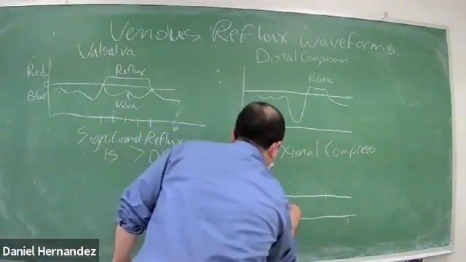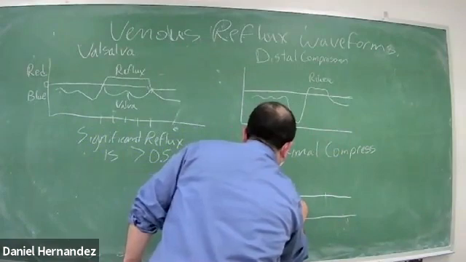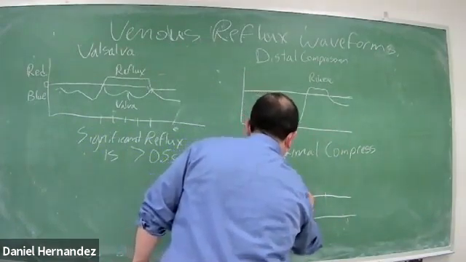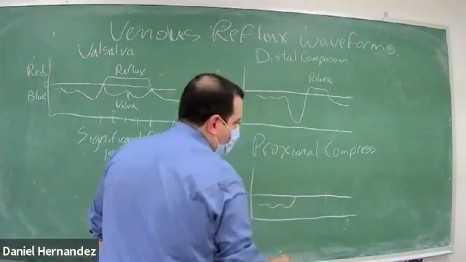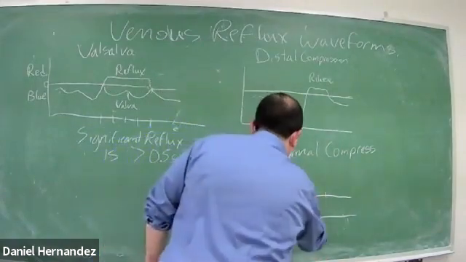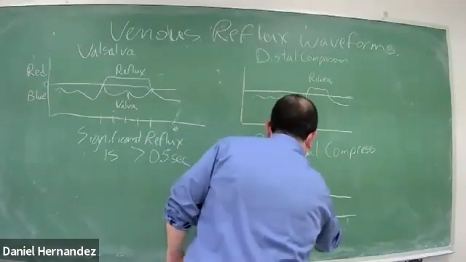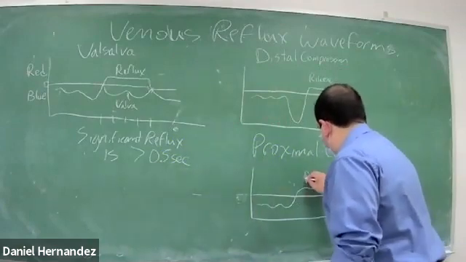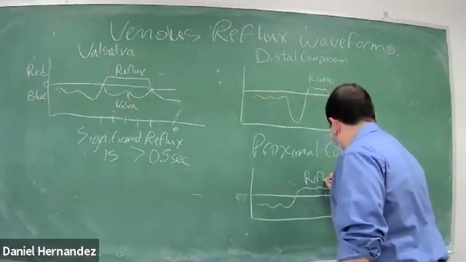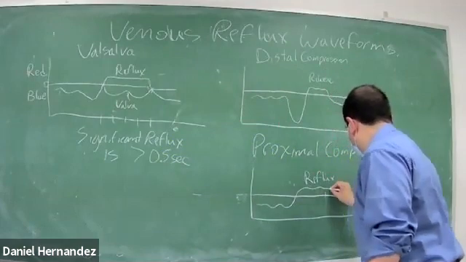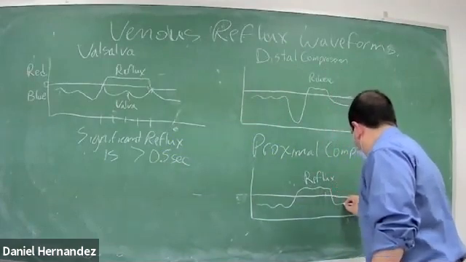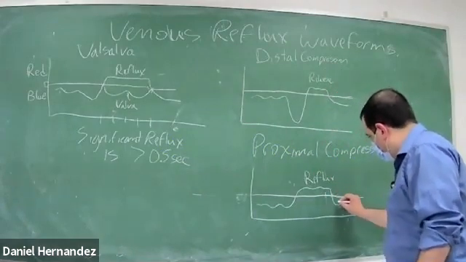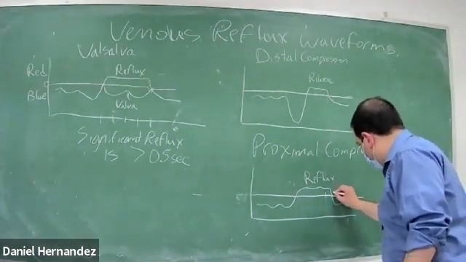We have our normal venous waveform. And then we compress, we should have a cessation of blood flow. So blood flow should stop because we're essentially cutting off the vessel. But if we then get blood flow above the baseline, that would be our reflux. And then a return of normal blood flow upon release. So that's our release.